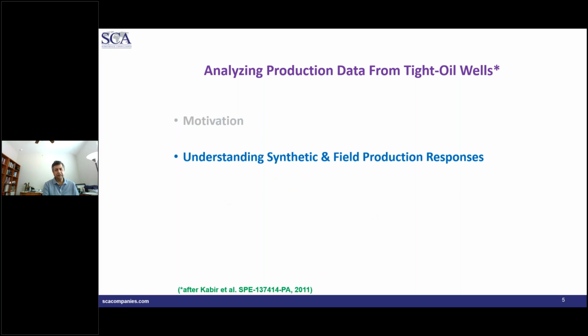Okay, so we'll use the synthetic as well. What we want to share with you is, if we use simulator generated data, can we interpret that? How do you do that? And of course, the field data.